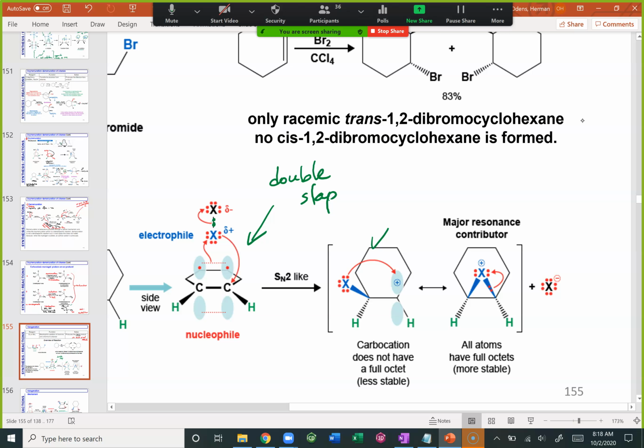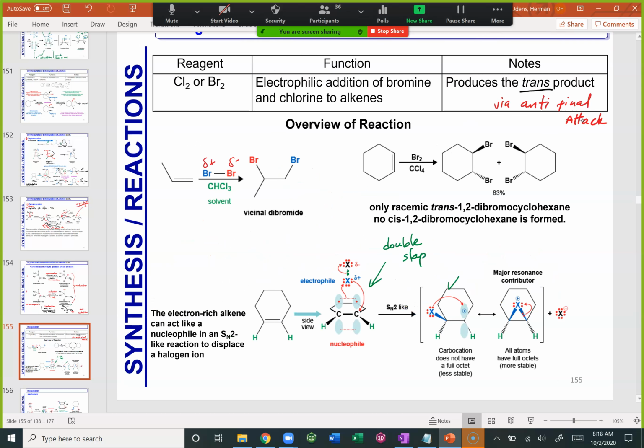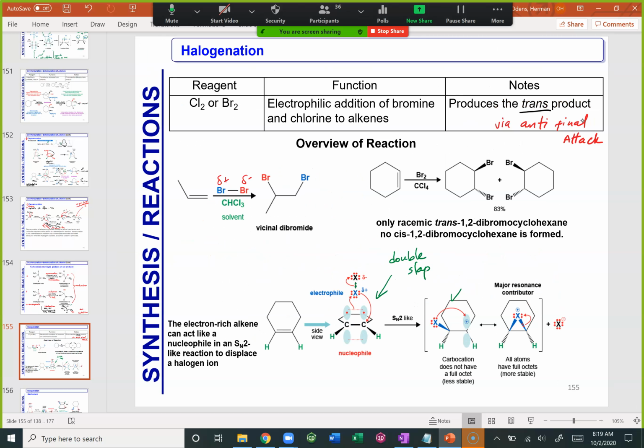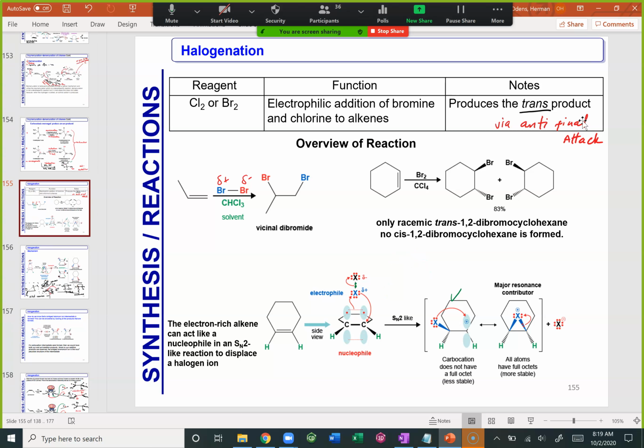And it goes one slap, and then second slap, forms the three-membered ring, the bromonium or chloronium ion intermediate. All right, so that's how that one goes. Double slap right there. So that's 4 mechanisms.